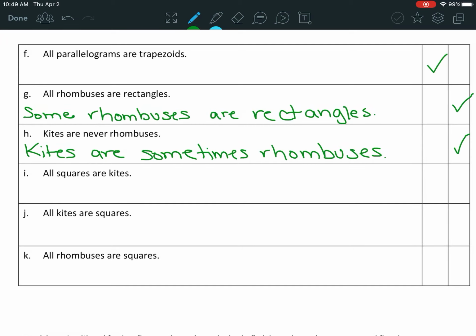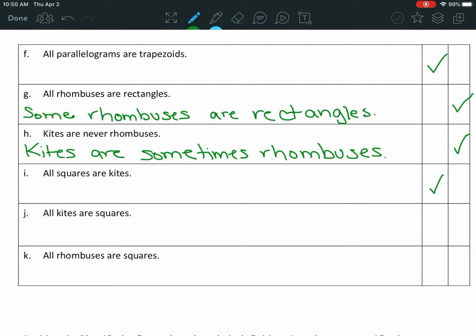And kites are rhombuses when all four sides are equal. I says all squares are kites. All squares are kites. That is true. All the qualities of a square meet the qualities of a kite.